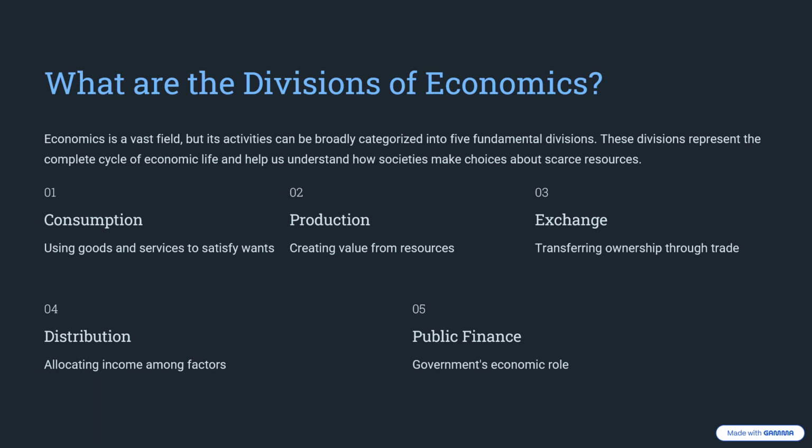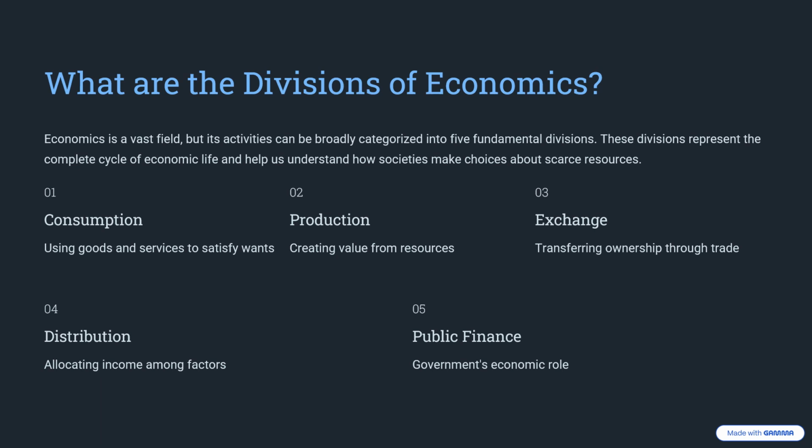Economics is a vast field, but its activities can be broadly categorized into five fundamental divisions. These divisions represent the complete cycle of economic life and help us understand how societies make choices about scarce resources. Consumption is using goods and services to satisfy human wants.